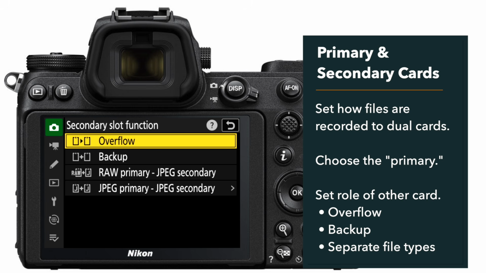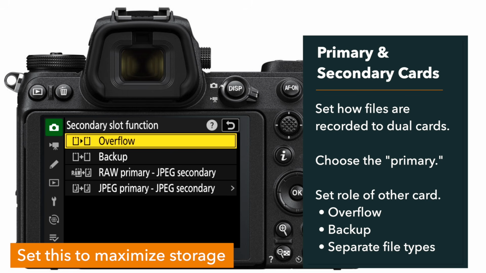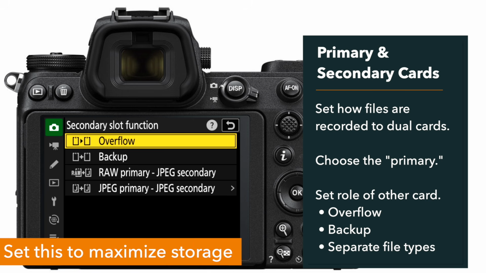Once that card fills up, then all subsequent photos will be recorded to the secondary card, the one you've identified as the secondary if you have that option. I'd recommend this for most general hobbyist photographers. Memory cards are becoming very reliable these days. I personally have never had a memory card fail, so when I'm just doing personal work, I'm totally fine leaving this in the overflow function.